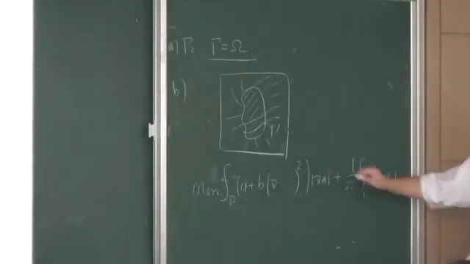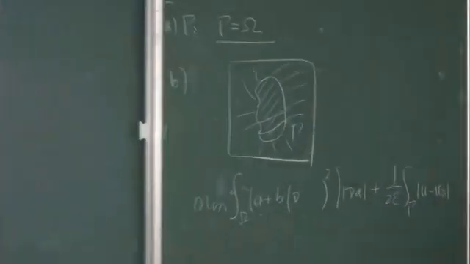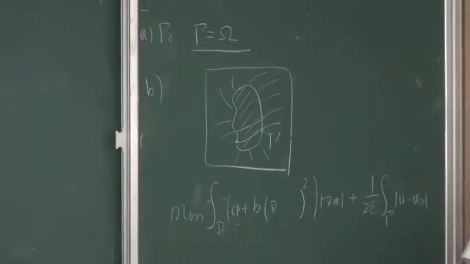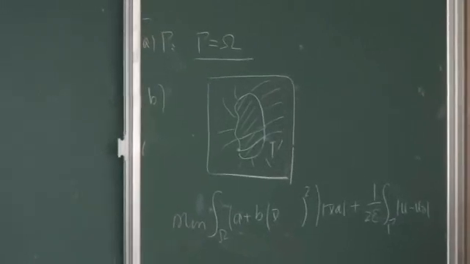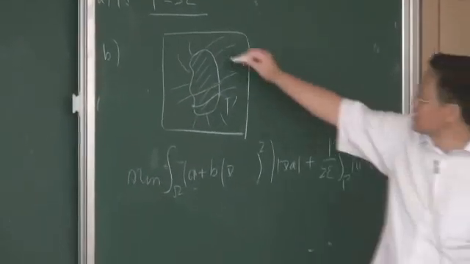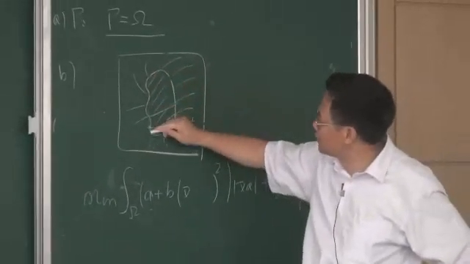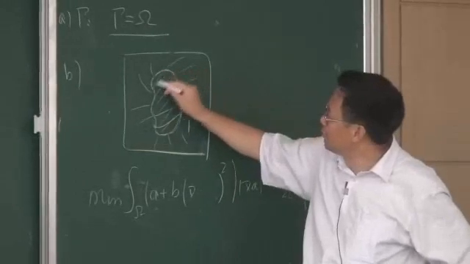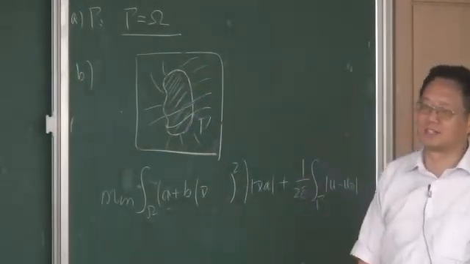Mostly you see an Elastica in this region. Is this clear? Especially when epsilon goes to 0, essentially you don't solve anything in the gamma region. You just use these boundary conditions here. You solve the Elasticas in this region, which minimizes the Elasticas.